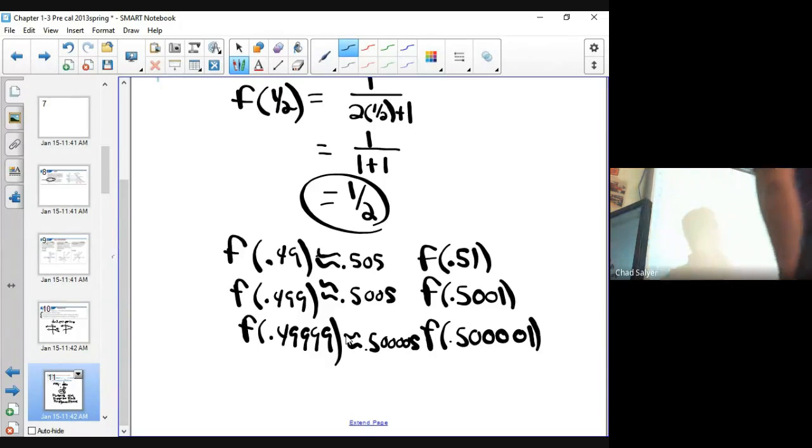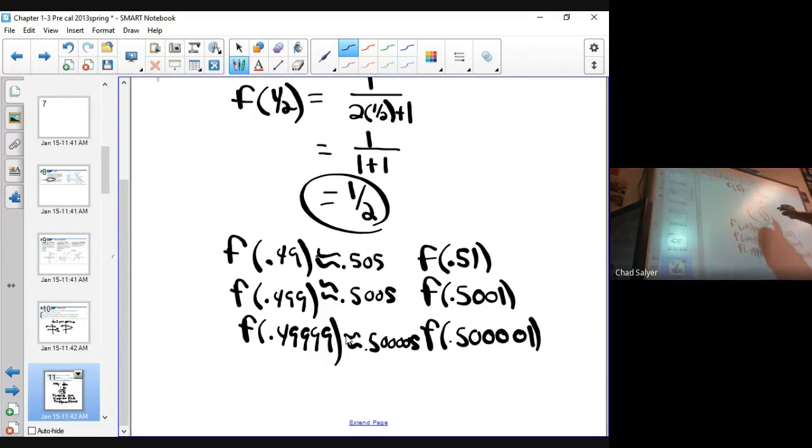See how it gets closer and closer to 1/2? So these two values are the same. The only question is, is it the same on the other side?